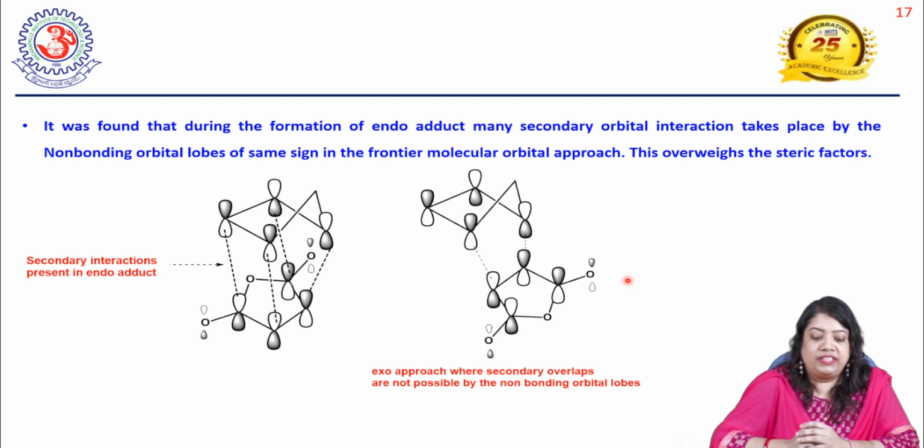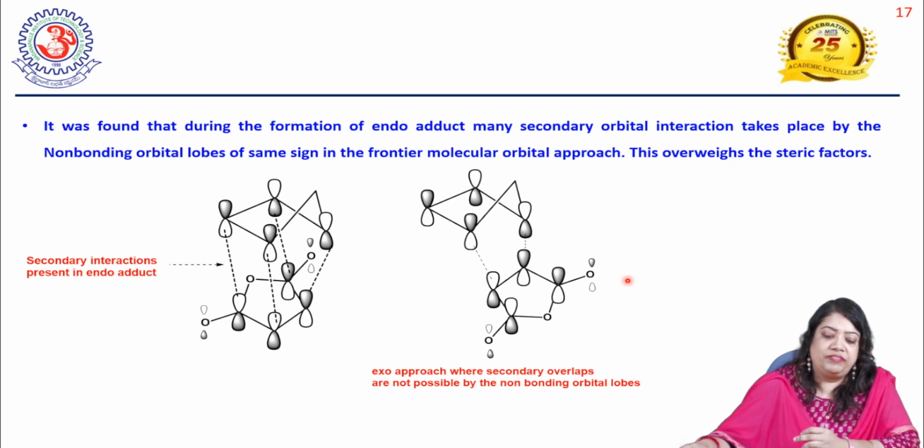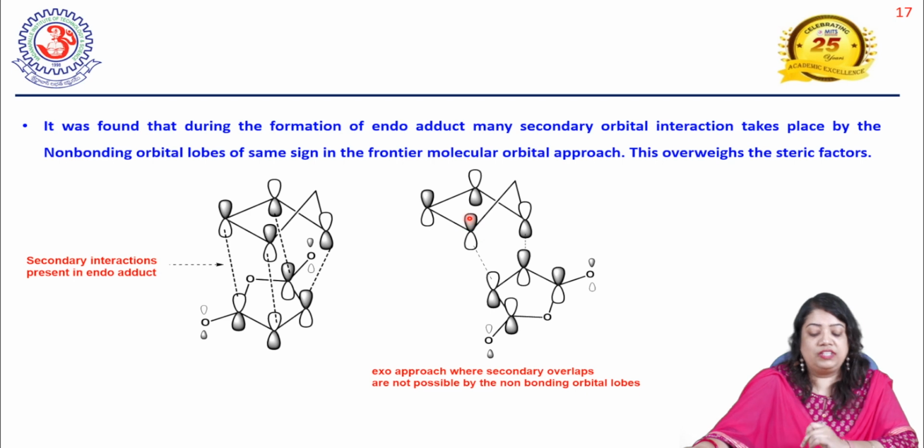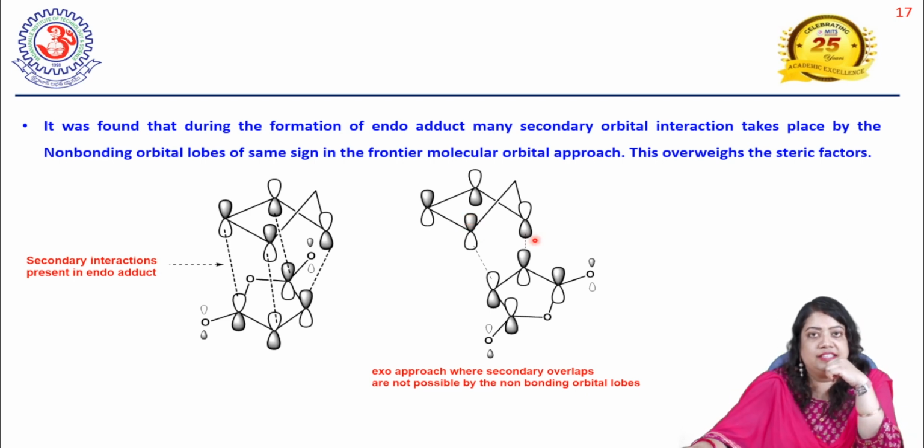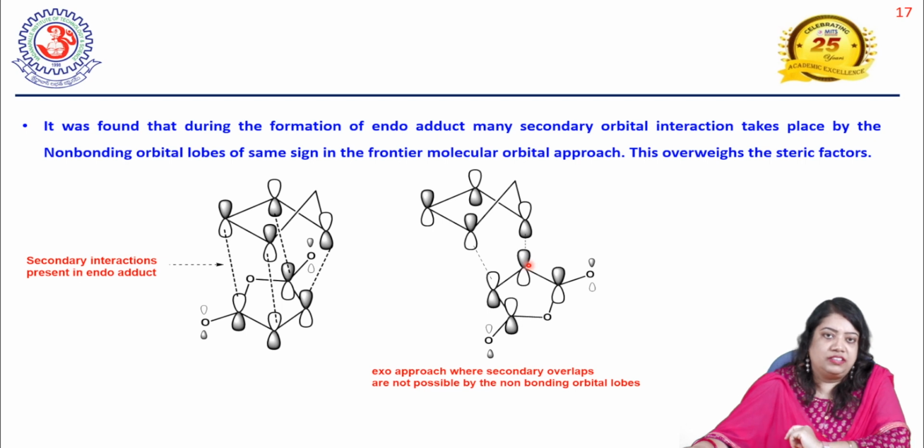We can explain this by considering the orbital overlap interactions of dienes and dienophiles. You see, this is the orbital overlapping interaction taking place for the case of exo product formation. Here, only the HOMO of the diene is reacting with the LUMO of the dienophile. Only this HOMO-LUMO interaction is present here, and the molecule is free from any kind of steric interaction. And this is the formation of our endo adduct.